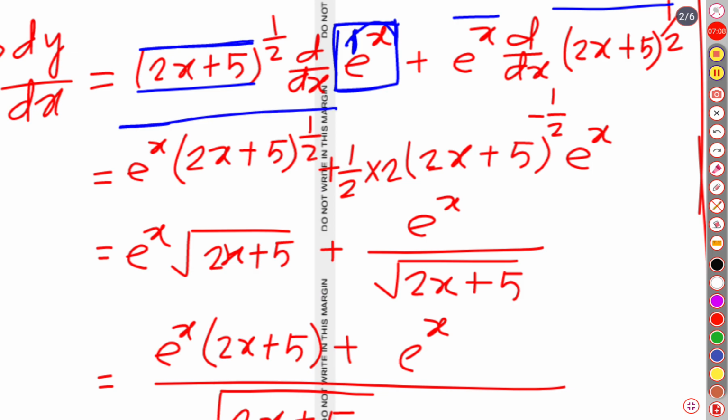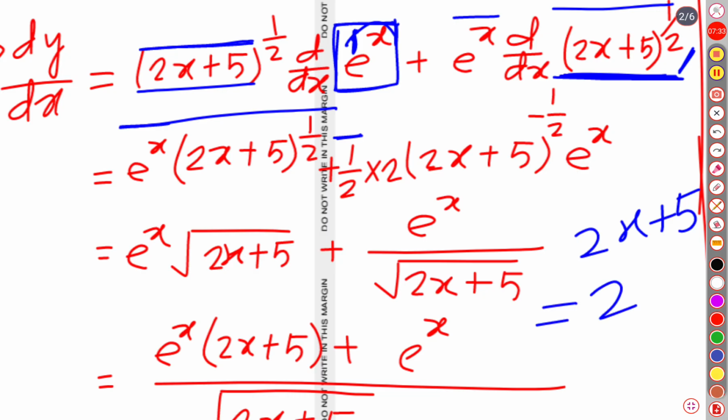Then for the second part, we'll have to differentiate this. For differentiation, first of all, we will write the exponent. Look, the exponent is half. We have written here half into the derivative of the inner function, which is 2x + 5. If we differentiate it, it will be just 2, because the exponent of x will be 0, and the derivative of any constant number is 0.